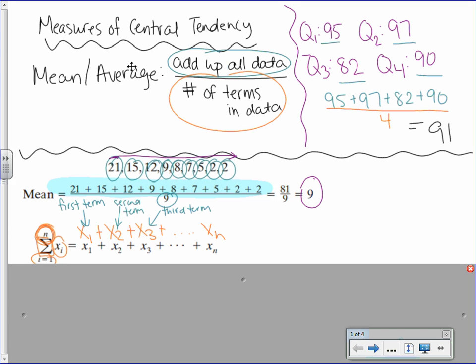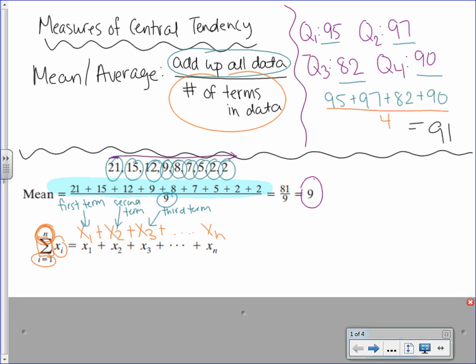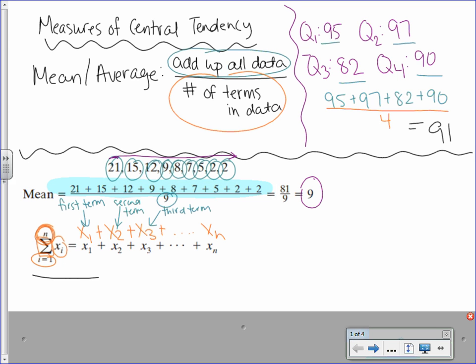Now this would just be the numerator. If I wanted to find the actual mean, I would have to put this over n, the final number of things that I have. So if we wanted to do this specifically for this example, I had 9 terms: 1, 2, 3, 4, 5, 6, 7, 8, 9.